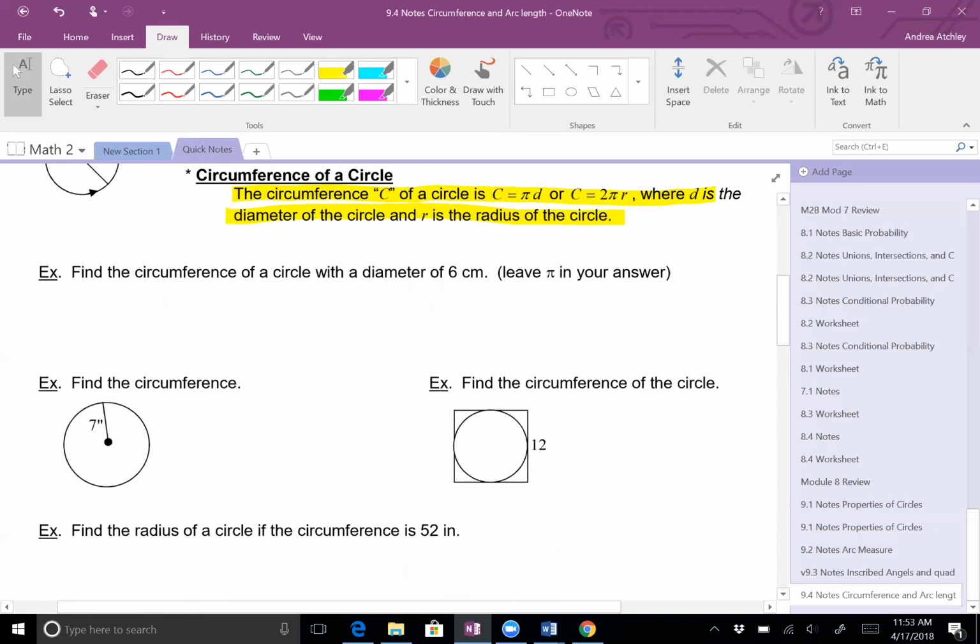So find the circumference of a circle with a diameter of 6 centimeters. So we're going to draw in a circle with a diameter of 6 centimeters.